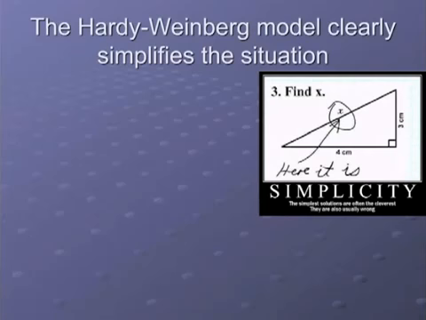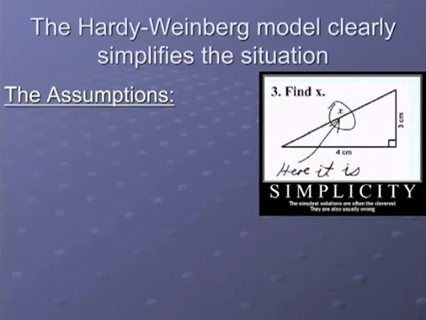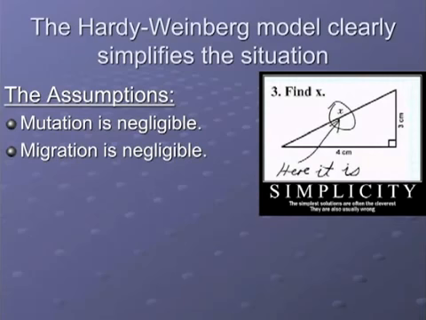The Hardy-Weinberg simplifies the situation and makes a few assumptions. First, there's no mutations, which is just silly. Second, nobody moves, so that gene pool stays constant, which is, again, silly.